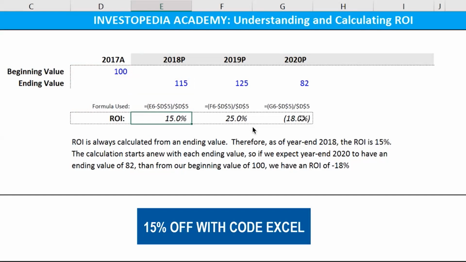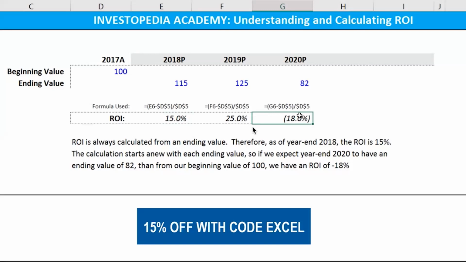This carries throughout the table. Following financial modeling best practices, we do want to break out each different year as its own line item to get a sense of where the return on investment was up and subsequently down. One advantage of return on investment is that it's so simple and comparable. We can say, hey, this asset in the year 2020 returned us negative 18%, but hypothetically, some other asset returned us a positive return.